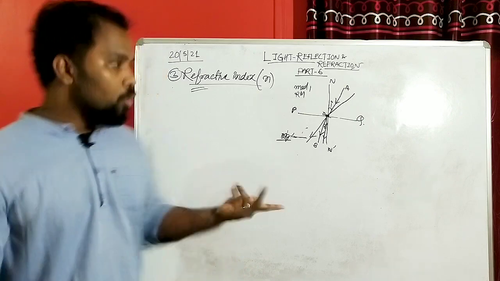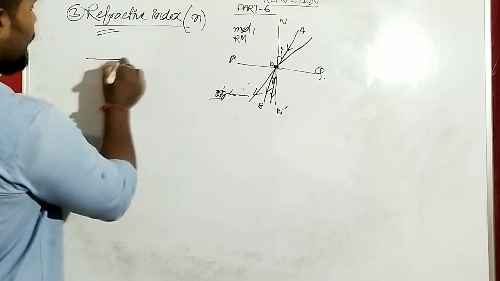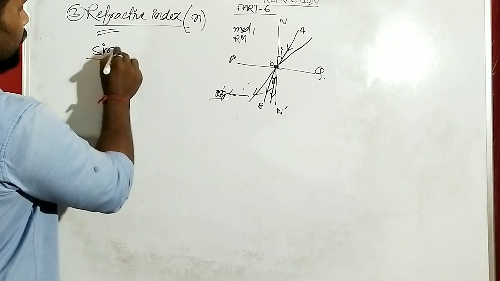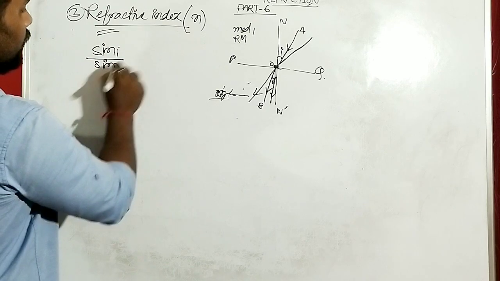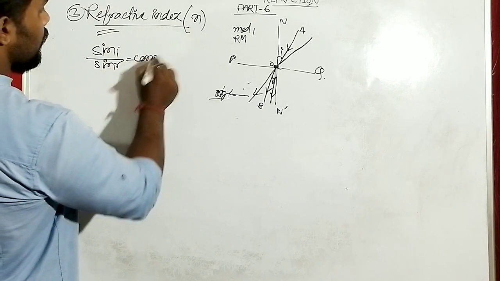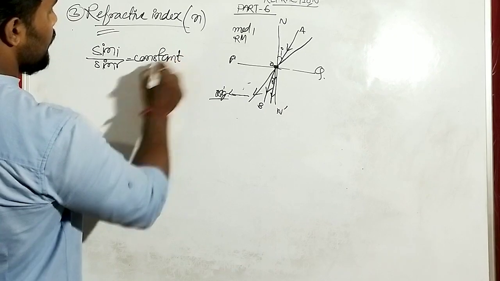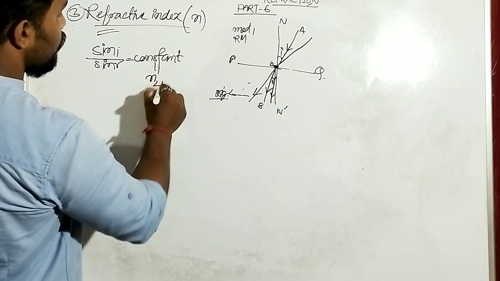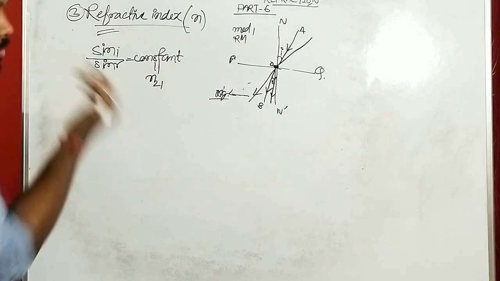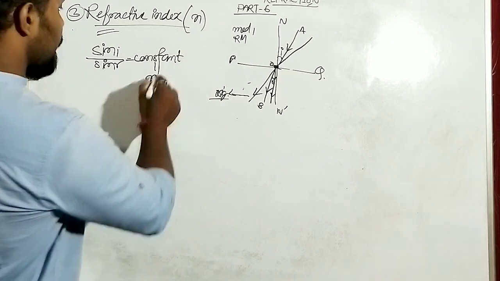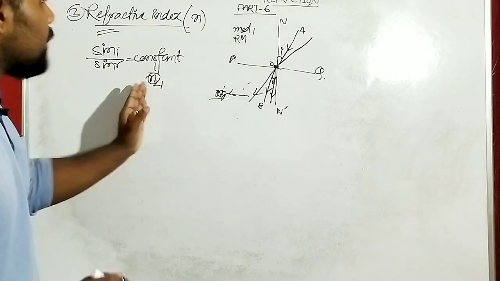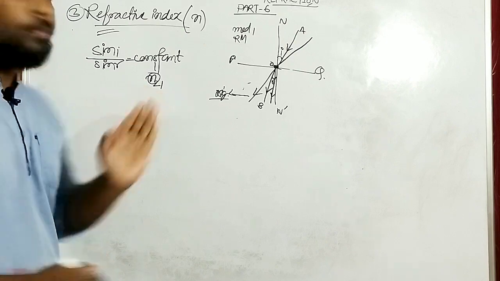So we have got from Snell's law that sine i by sine r is equal to a constant, right? And that constant is also equal to n21. Now you may ask, sir, what is n21? We know that n represents the refractive index. Now what is the suffix 21?